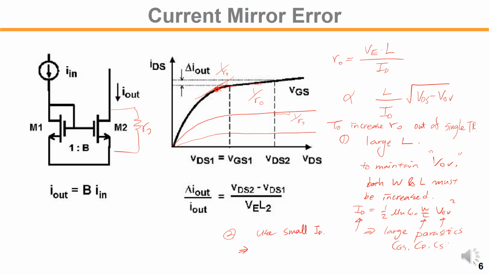If the circuit requires a larger current level, then you cannot change the current level.